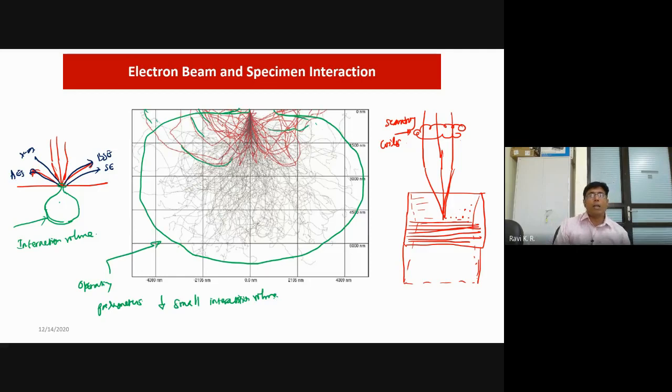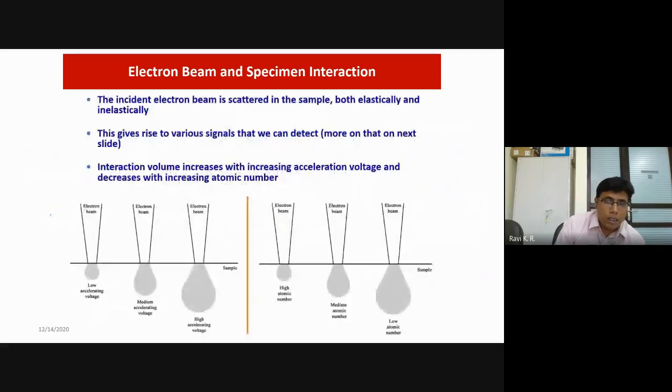It is always better to have a smaller volume for a better resolution image, but that is not always true. Depending on what kind of information you need, you have to change the interaction volume. That we will discuss. First, let us see, this is your interaction volume. And again, what does the interaction volume consist of? That we will discuss in detail.